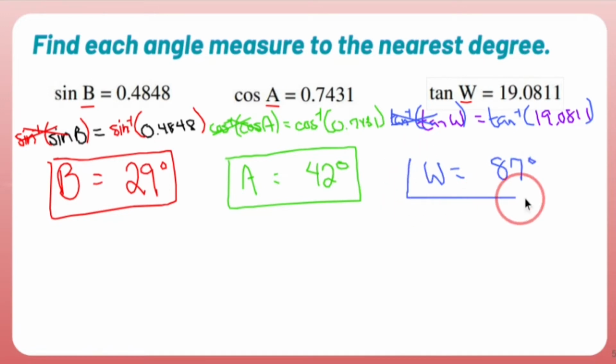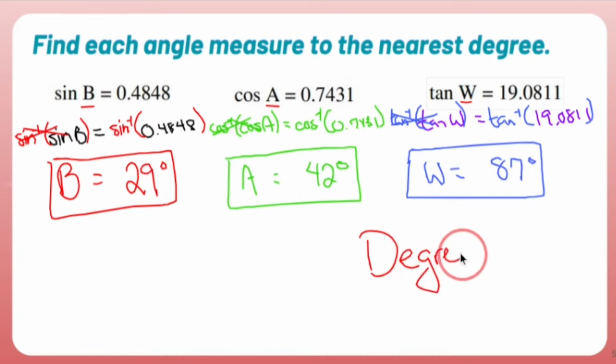Now, I am on an iPad using a Desmos app. Make sure, whenever you're in geometry class, pre-calc is a different story, but when you're in geometry class, make sure your settings, like you might have to hit that little wrench thing, are set to degrees. Okay, it says it right there.